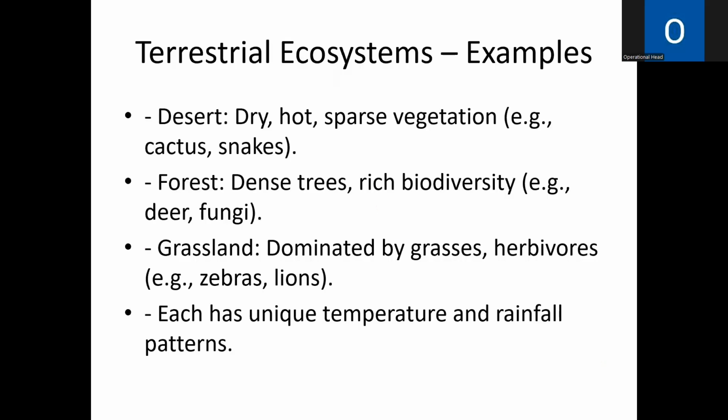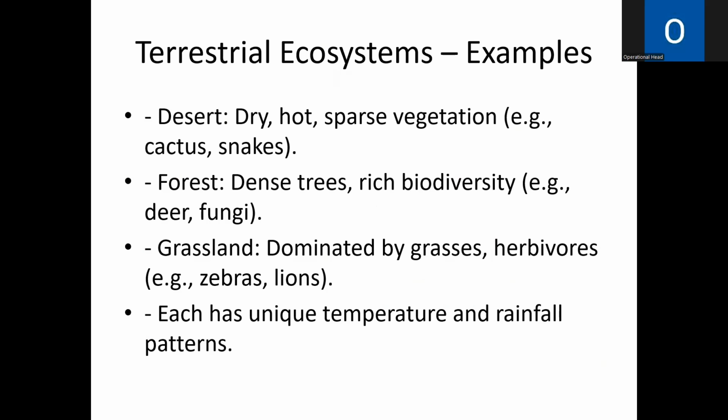Now come to terrestrial ecosystem examples. Let's study one by one. First is the desert. Desert is an area that is dry and hot with sparse vegetation, for example cactus. Very little life, few species, belong to the desert ecosystem.